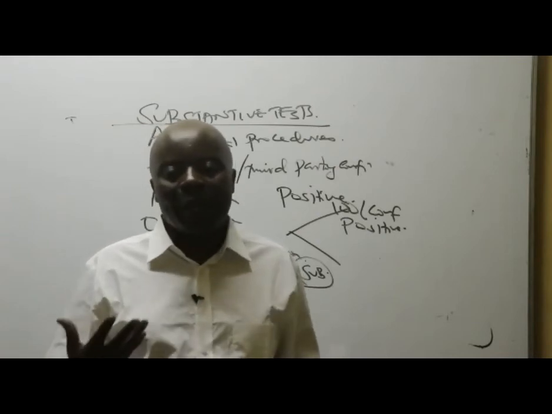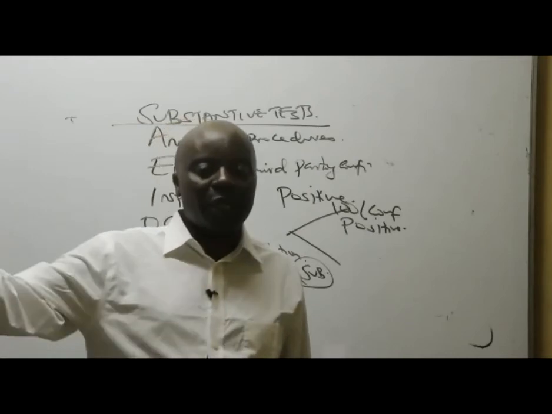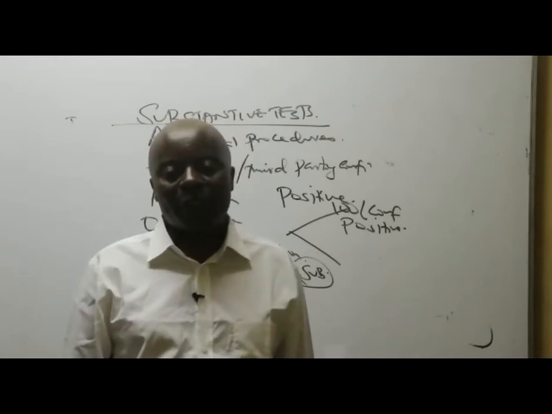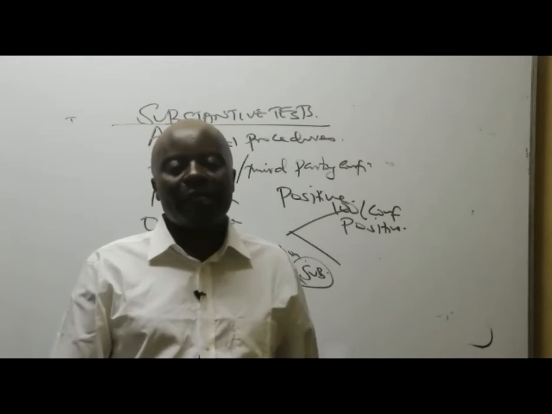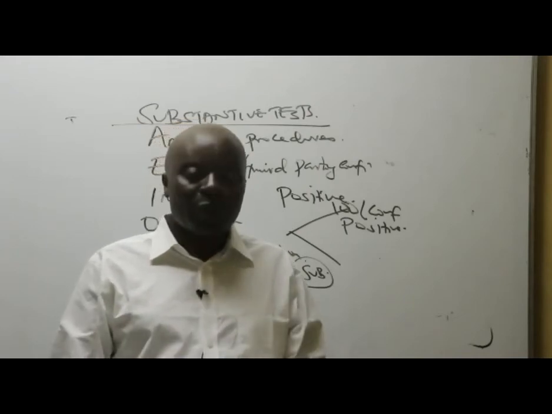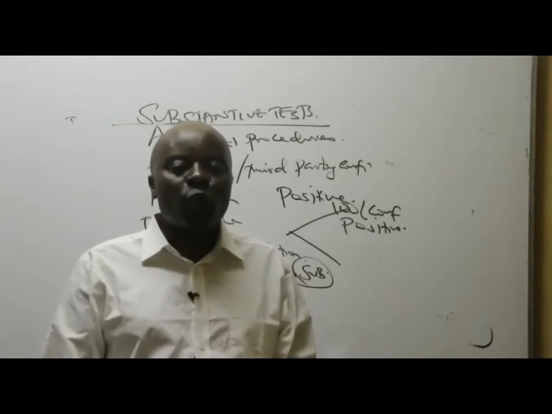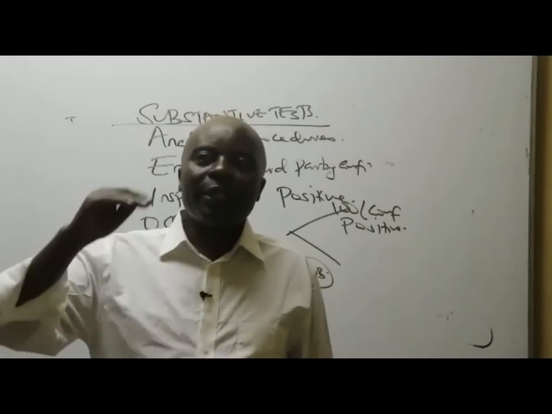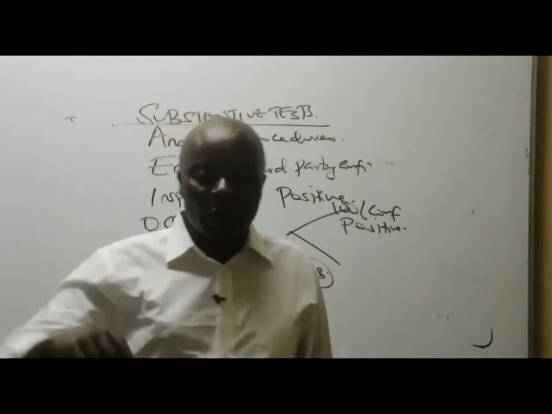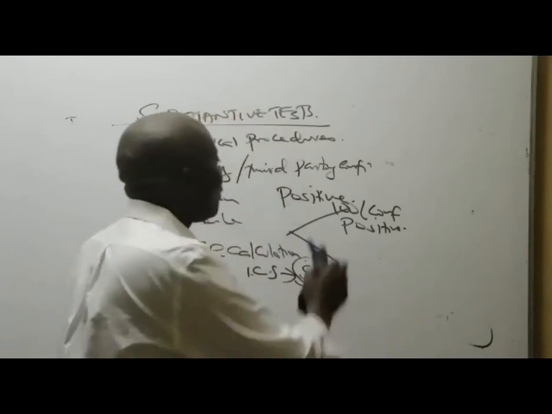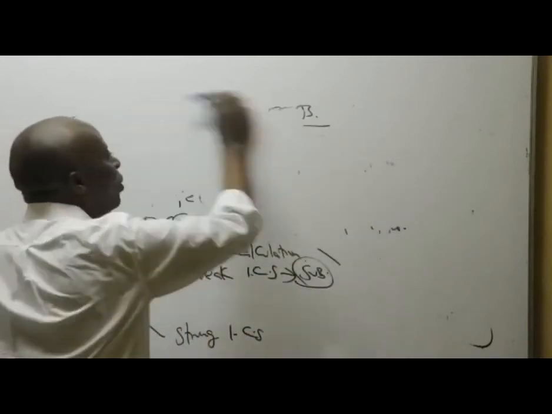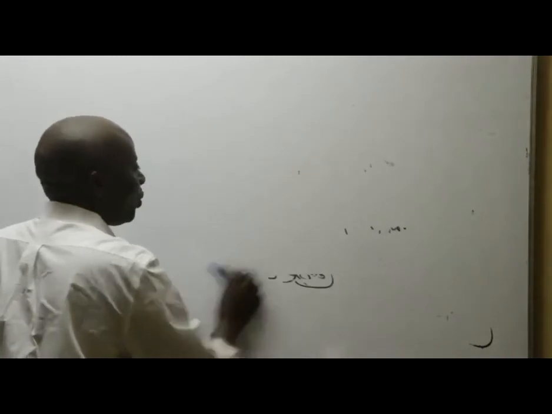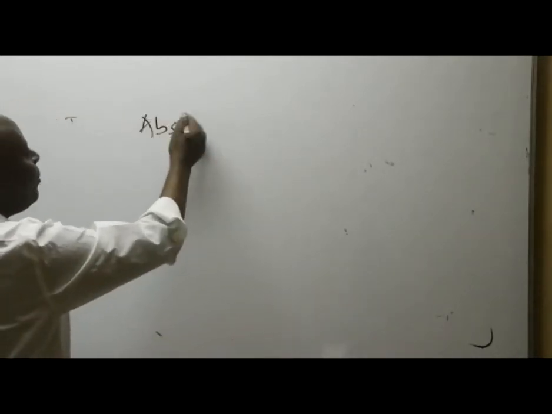What amount of error are you willing to tolerate? If it's a huge error, then do fewer substantive tests. And then, ladies and gentlemen, without forgetting the concept of the overall assurance which is required. Although in auditing we don't have it, if they wanted me to give them absolute assurance, that is 100%.